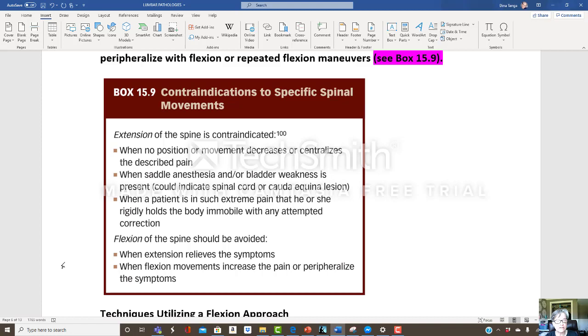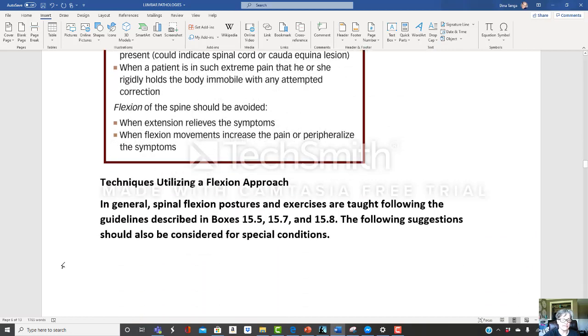When a patient is in such extreme pain that he or she rigidly holds the body immobile with any attempted correction. Flexion of the spine should be avoided when extension relieves the symptoms, when flexion movements increase the pain or peripheralize the symptoms. Box 15.9.